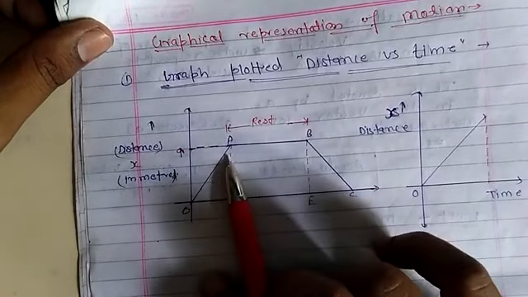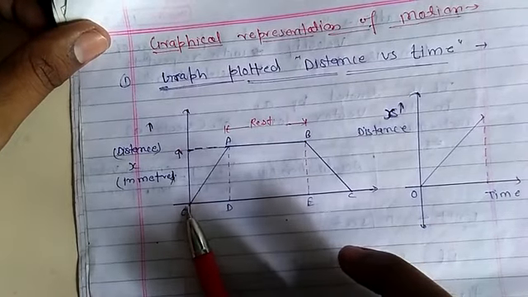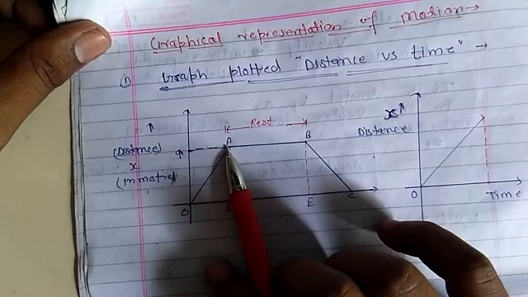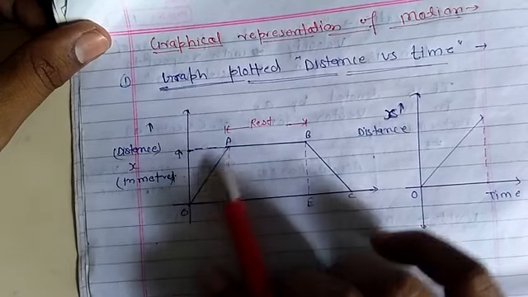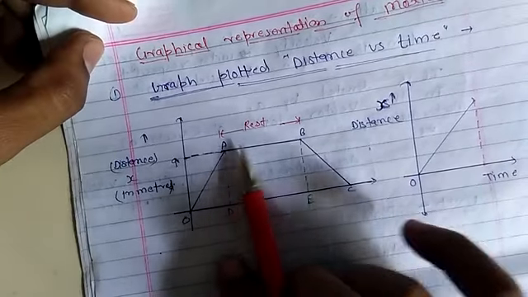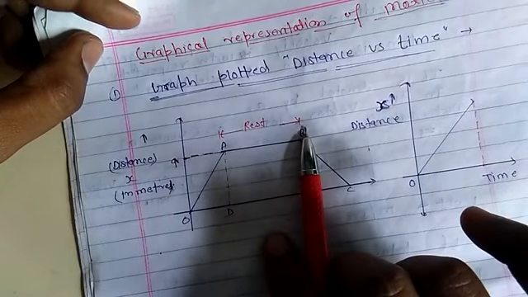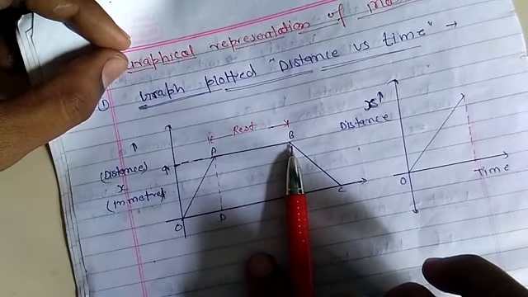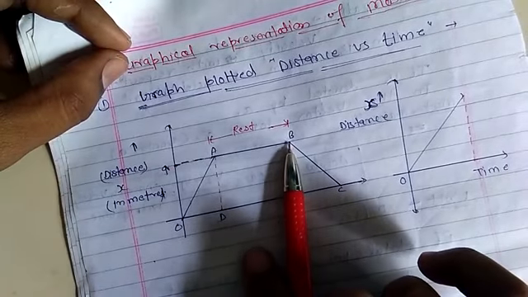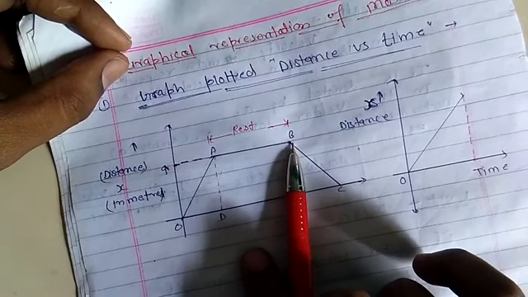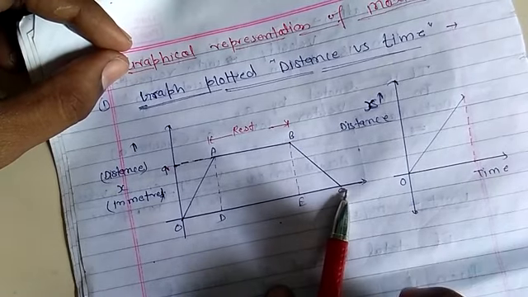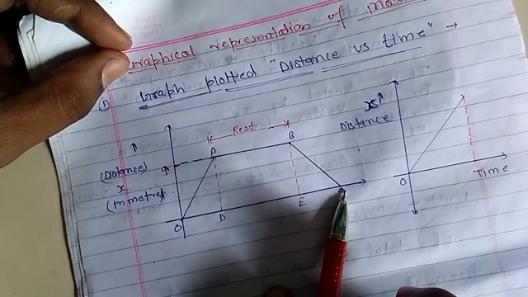The different parts of the graph: the first part OA represents uniform motion, the part AB represents the state of rest, and the part BC represents moving towards the origin point.